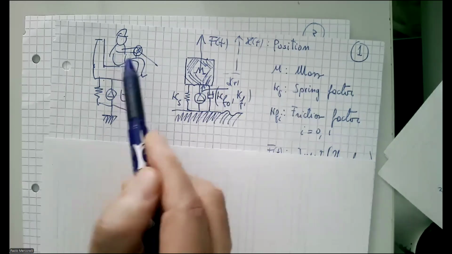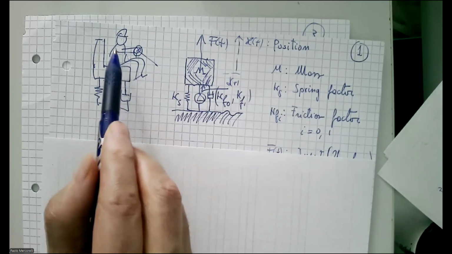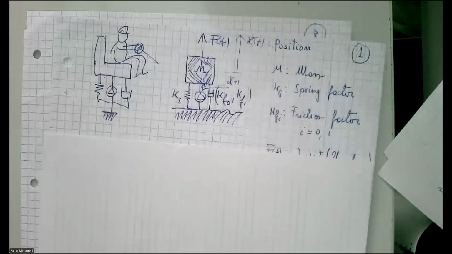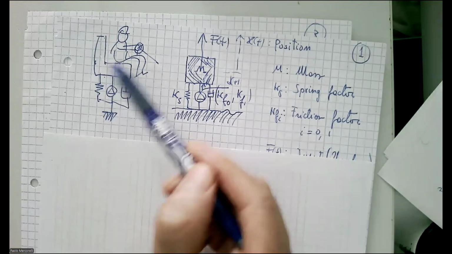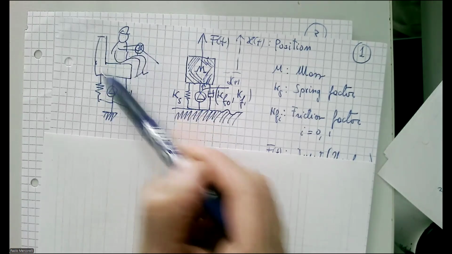But of course, the complex model should consider also the vertebral column of the driver. It's extremely complicated in any case, but also boring to tell you about in the basic lecture. It's basically a project, a master thesis or PhD program. But in any case, considering here just one mass, this is easy.